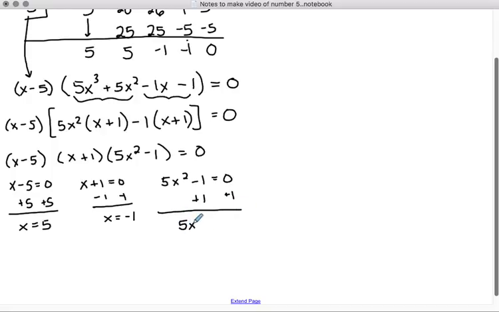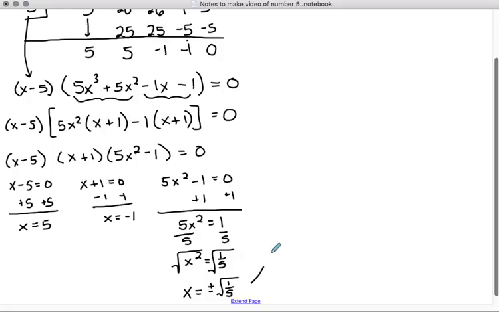So 5x squared is equal to 1. Oh, and if I just divide both sides by 5, I get x squared is equal to 1/5. So taking the root of both sides, I get x is equal to plus or minus the square root of 1/5.